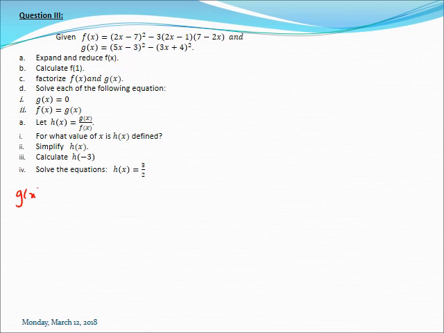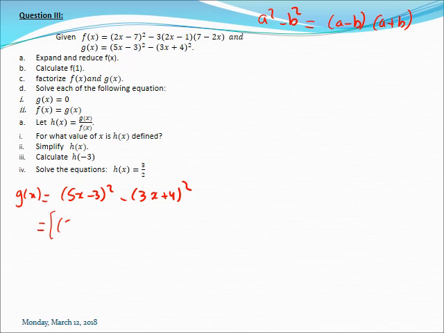G of x equal 5x minus 3 square minus 3x plus 4 square, it is in the form of a square minus b square. A square minus b square equal a minus b, a plus b.